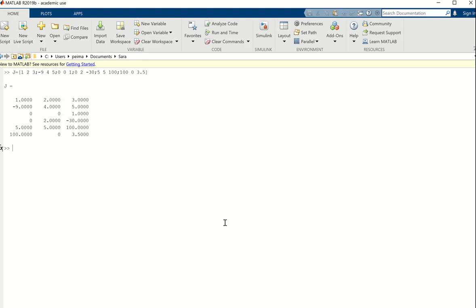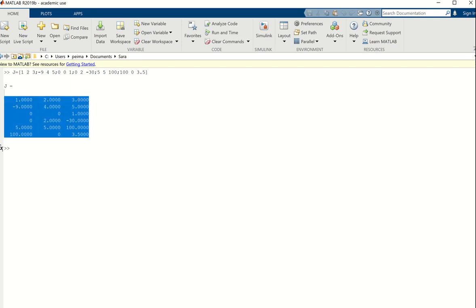Here we go. This is 6 rows and 3 columns. This is for the 3 degree of freedom robot that I solved in the class for the Jacobian matrix.